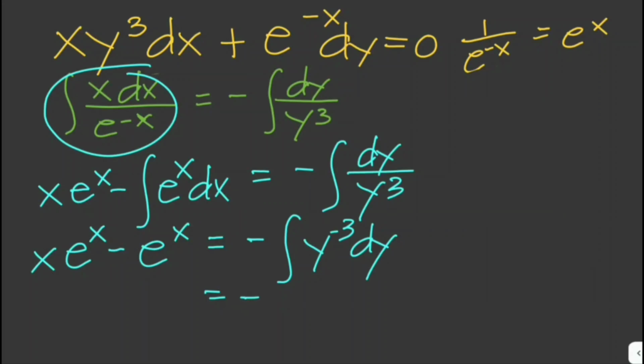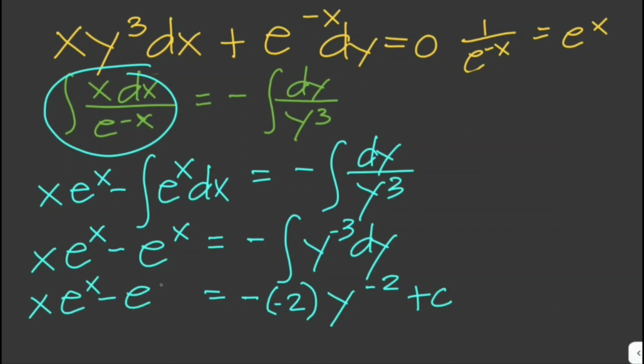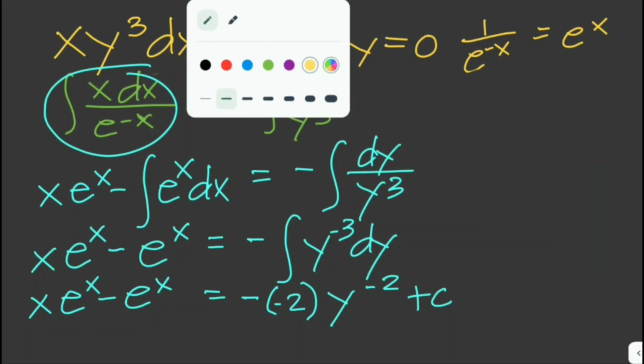That would be the negative of negative 3 plus 1 is negative 2, then y to the negative 2 plus c. We just copy x times e to the x minus e to the x.